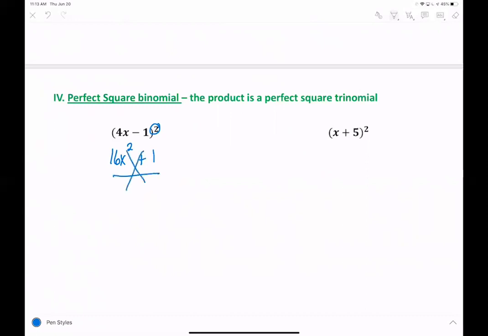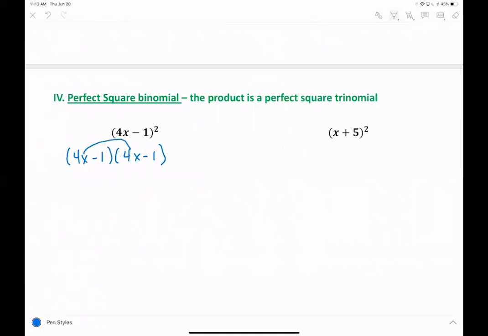That is wrong. Think about exponents. That exponent 2 means that you have 2 of these binomials. So what we've got to do is write it out twice, and then we can FOIL it out.